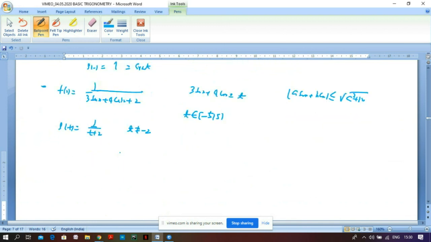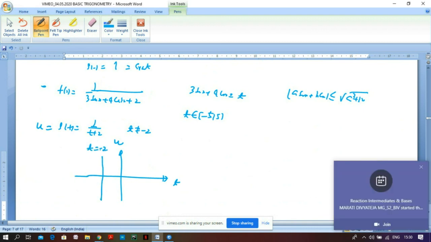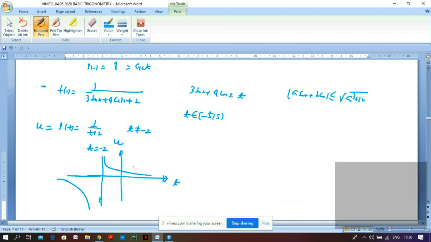So I just draw a curve. Say this is u. So draw the curve in t and u. So this line is t equal to minus 2. And then say I draw a graph here this way, and I will draw one here, one this kind of thing, and t equal to 5.